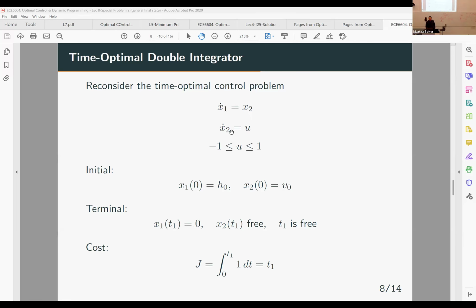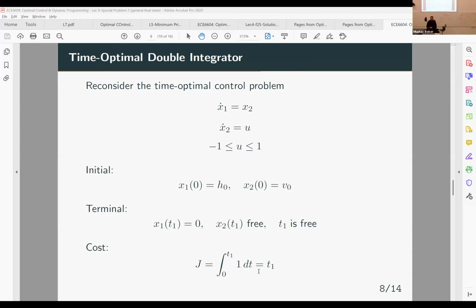This is a two-dimensional system. x1 at t1 needs to be equal to 0, whereas x2 at t1 is free. We don't care, it could be anything. And t1 is free, because we want to minimize it.